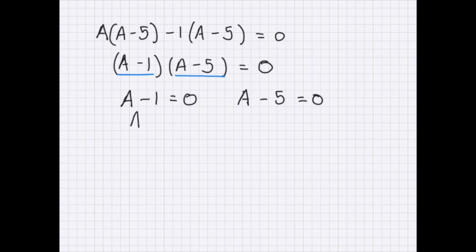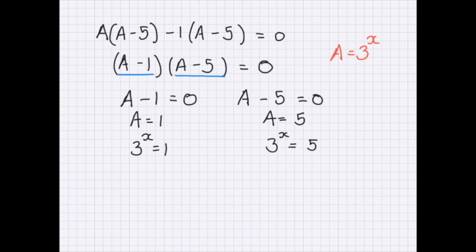Now our values are a is equal to 1 and a is equal to 5. But we're not done here because we have to solve for x, not a. You remember that we gave 3 to the power of x the variable a. So now instead of a, we can simply replace it: 3 to the power of x equal to 1 and 3 to the power of x equal to 5.